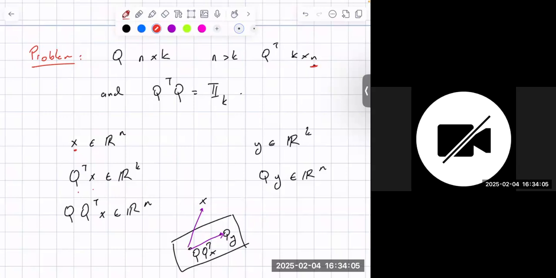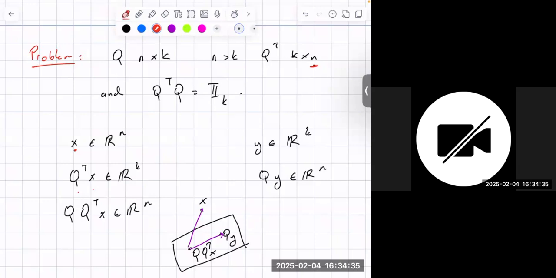Now, x was in R^n, right? Whenever I multiply with Q transpose, since Q transpose is K by N, what is the output? It's going to have K dimensions, right? So you can already see Q transpose is reducing dimension. Now, if I do Q times Q transpose x, I'm back in n dimensions, right?